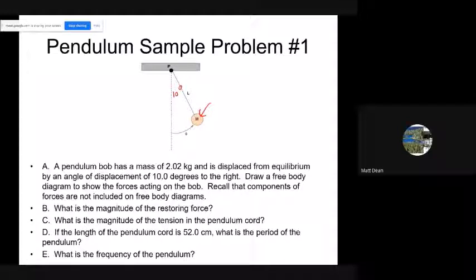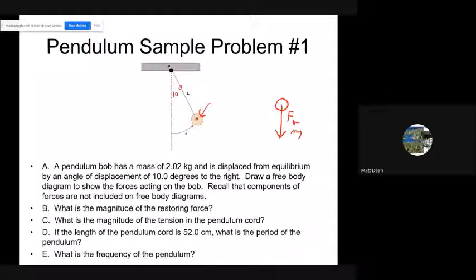Draw a free body diagram to show the forces that act on the bob. Remember that when you're doing free body diagrams, you don't show components. So if this is our bob, the only forces acting on it are, number one, weight, which always acts straight down. We could label this as weight, as F of G, the force of gravity, or as mg.